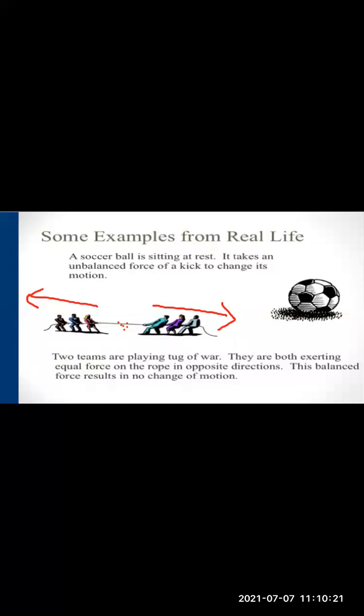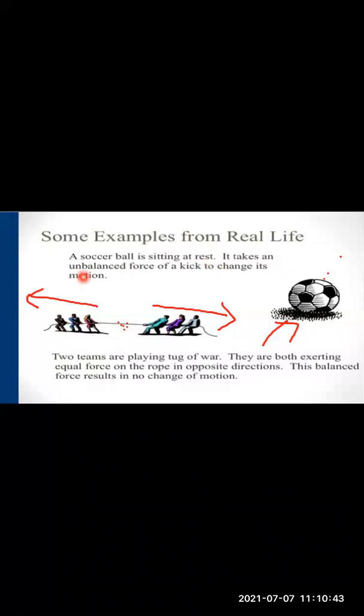But here you see the example of the football. So here we say a soccer ball is sitting at rest.